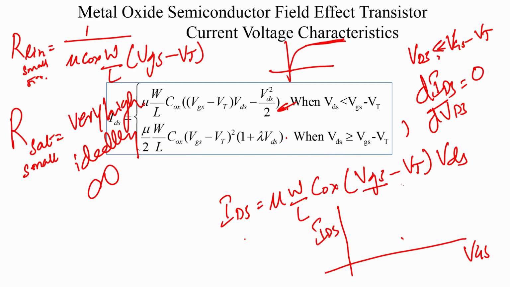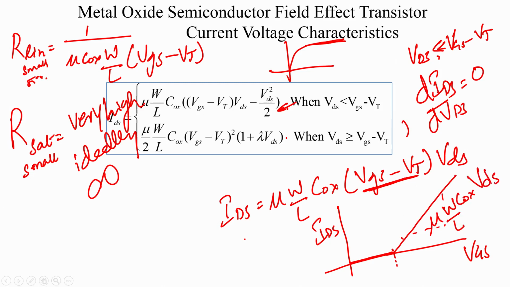It is a straight line. As long as VGS is below Vt, the current is 0. We will develop finer models which will tell us exactly what the current should be, but for now it is 0 because there is no inversion layer, and after Vt the current should linearly increase. And what is the slope of this? The slope is simply mu W over L Cox into VDS.